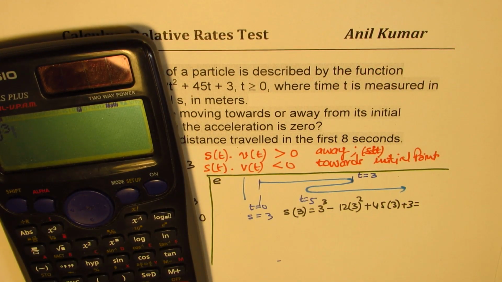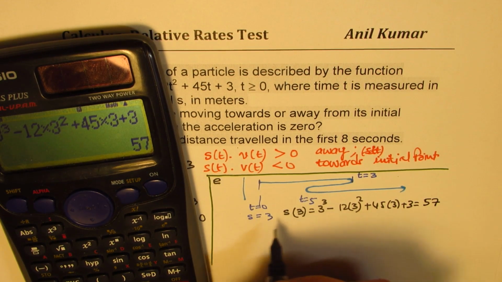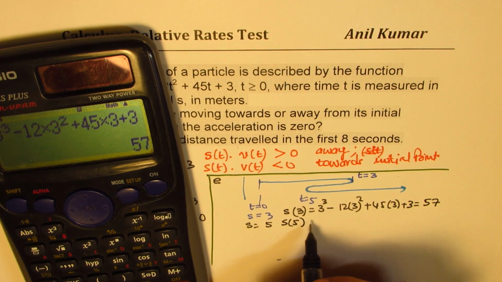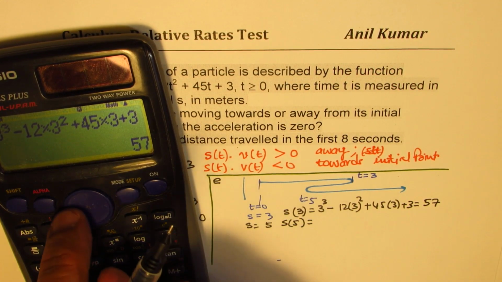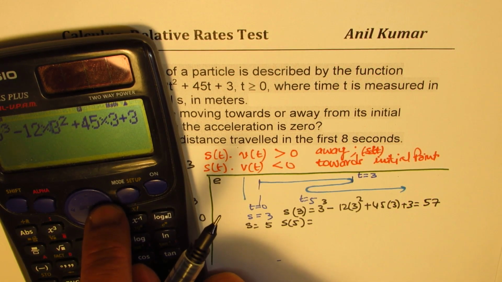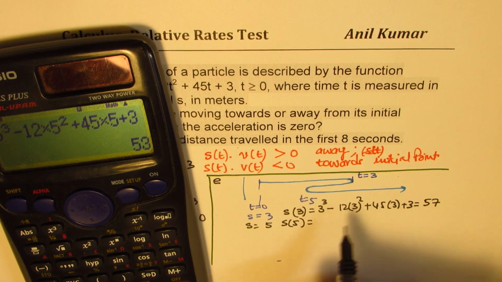That equals 57, right? Now at t equals 5, we'll just replace 3 with 5 and recalculate. And that is equal to 53.